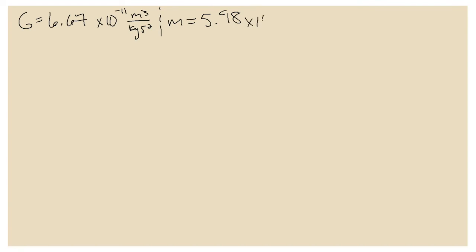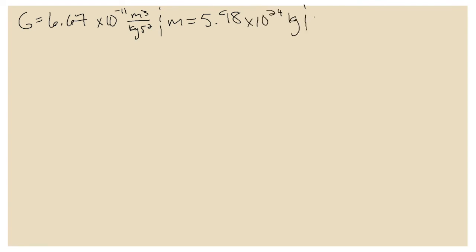If you look in your planetary data reference sheet that I first gave you, you should already know that G is 6.67 times 10 to the negative 11 meters cubed per kilogram second squared. That reference sheet will tell you that the mass of the Earth is 5.98 times 10 to the 24 kilograms.